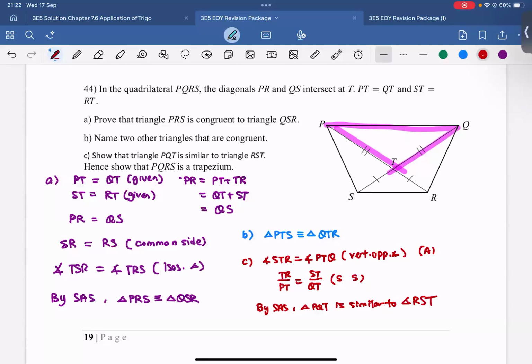Wait, then how do we show that it's a trapezium? I haven't reached there yet. Wait, sir, can we use alternate angle? Cannot just say only. How do you know they are parallel?